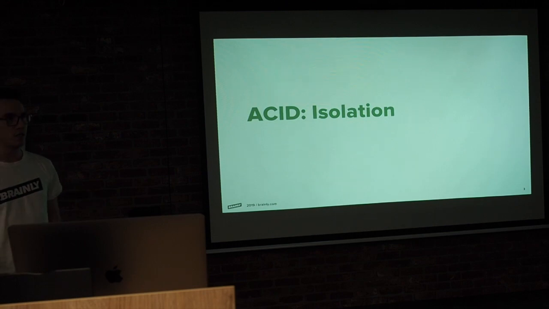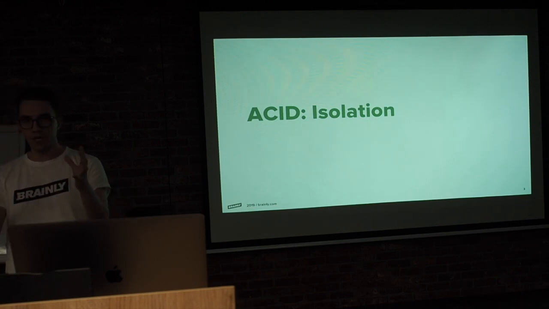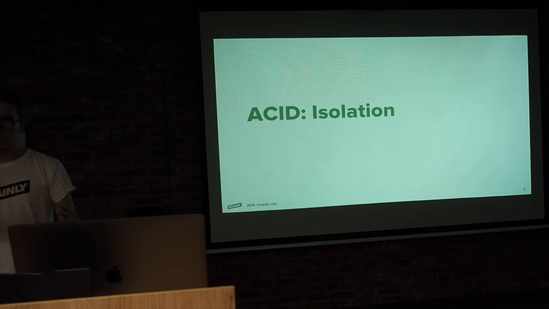Let's briefly talk about all those letters. A. Who is going to tell me what is the A letter in ACID? Atomicity. Yeah, atomicity. I heard a few of you. What does it mean, atomicity? Atomicity means that the transaction, the set of the operations on the database, either go all of them or none.